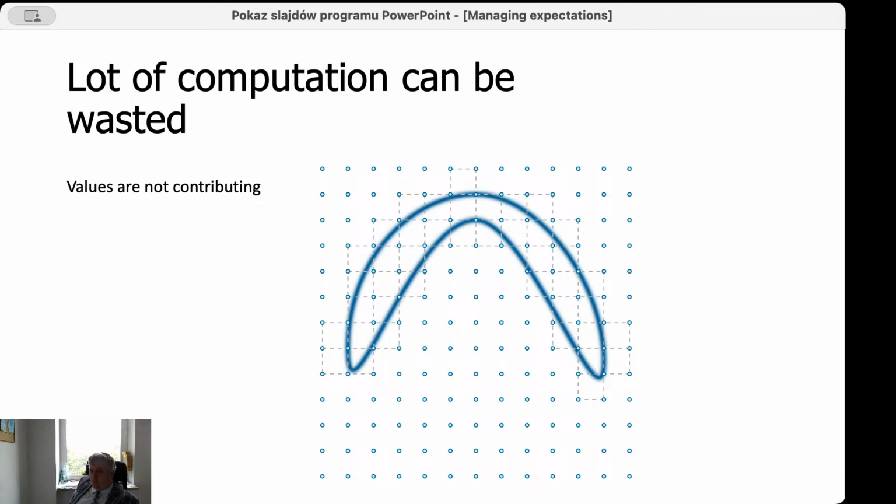If the shape of the distribution is highly skewed or modified, the values that we compute, for example here and here, have such small values that they do not contribute to the computation, and on the other side are introducing biases in computation or introduce additional computational cost.